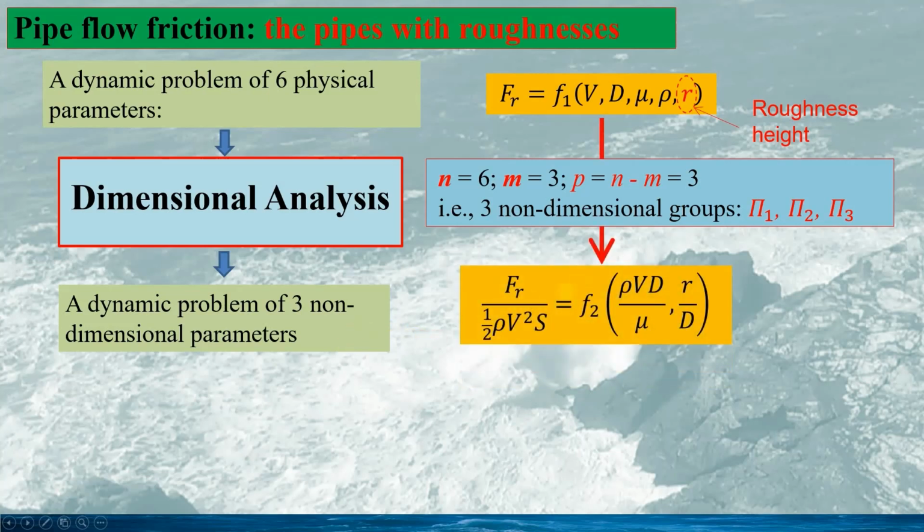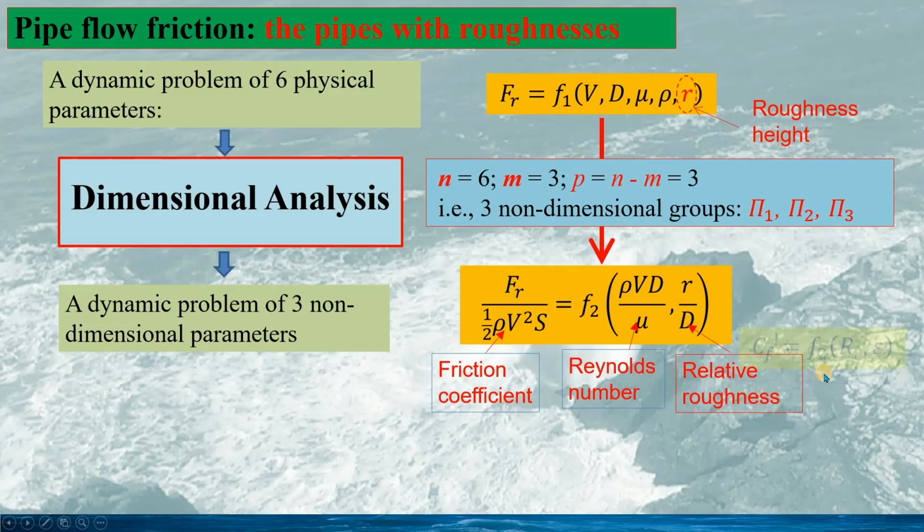And the dimensional analysis would give the formula for the relation between these non-dimensional parameters. The left-hand side is the friction coefficient, and this one is the Reynolds number as we have seen before. And R divided by capital D is the relative roughness.